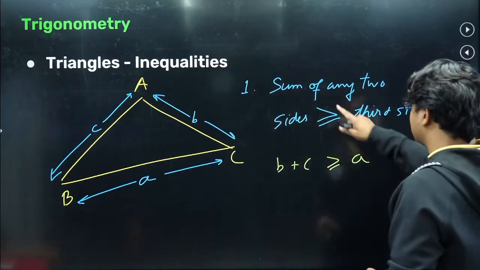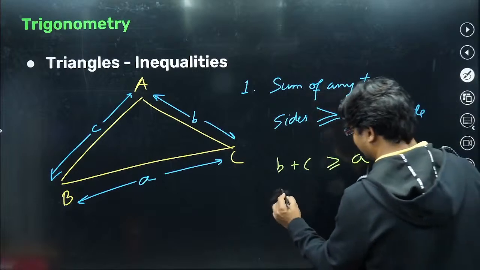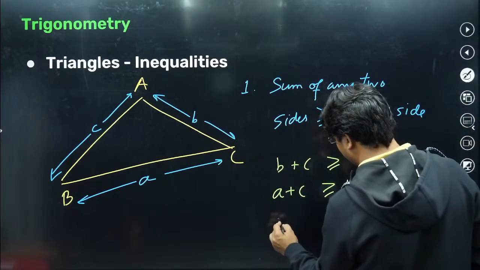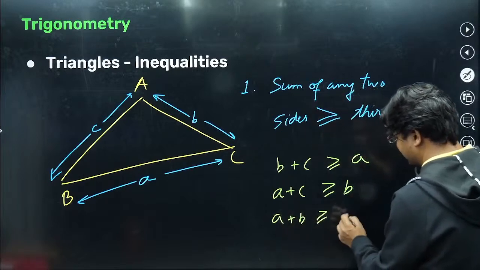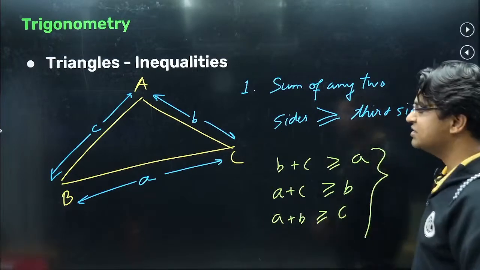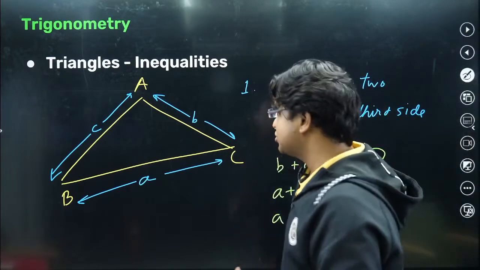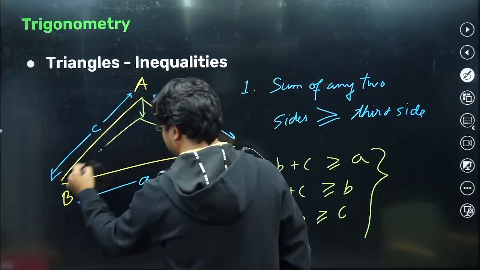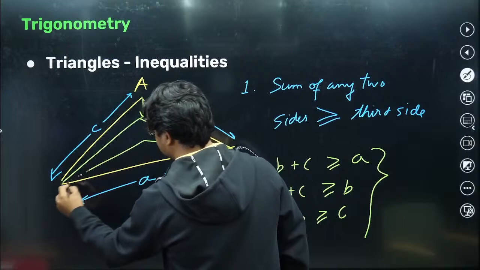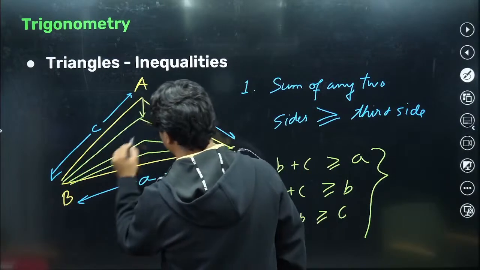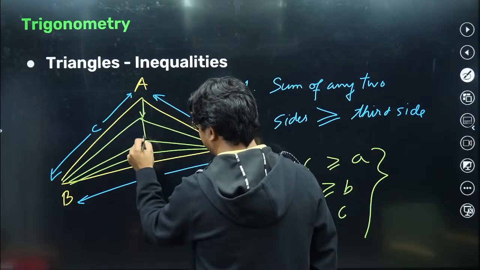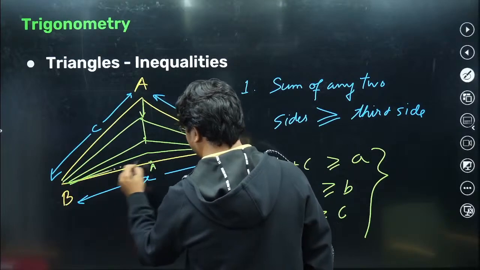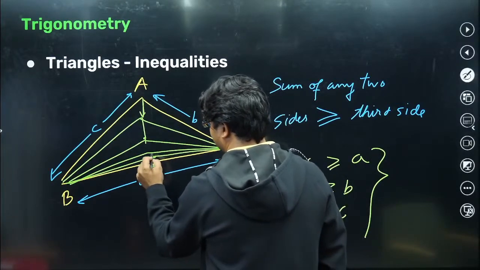And I said sum of any two sides, so we can also write a plus c is greater than or equal to b, or a plus b is greater than or equal to c. All right, now when does the equality hold? Suppose I start bringing a point downward, so b plus c, b plus c, b plus c. If I am continuously bringing a point downward, and eventually make a triangle of nearly zero area, can you see this?